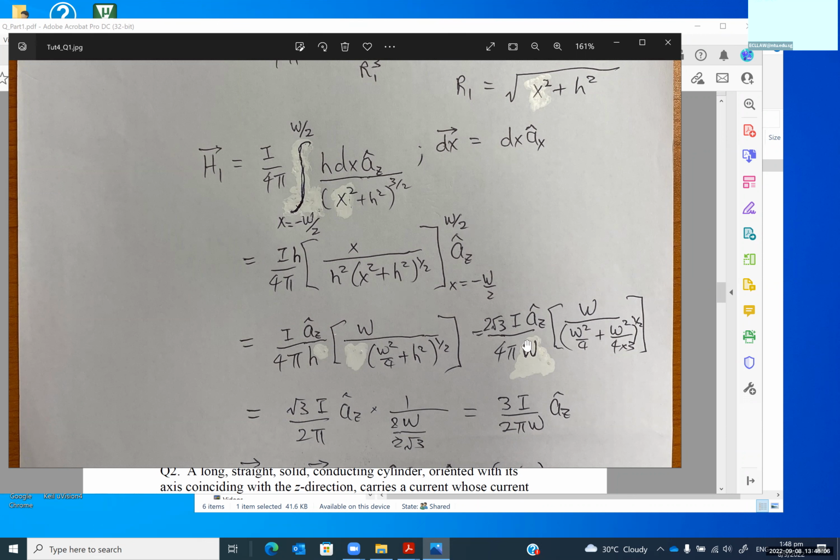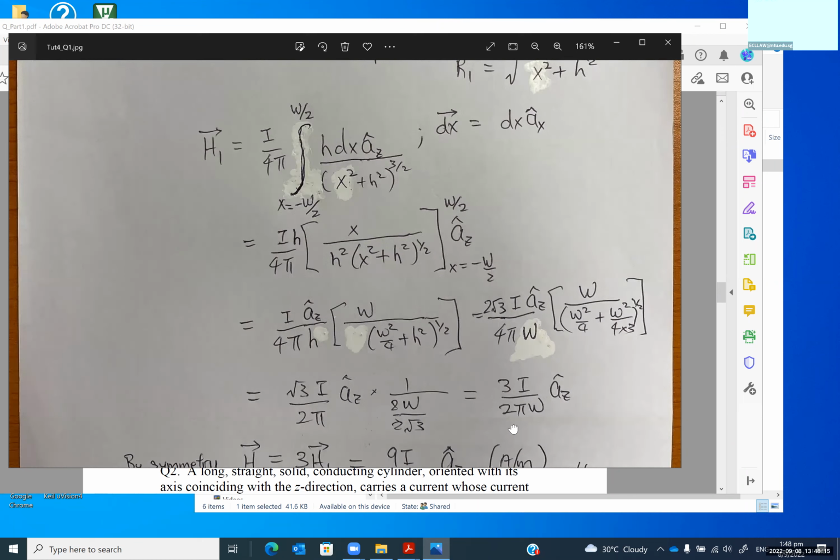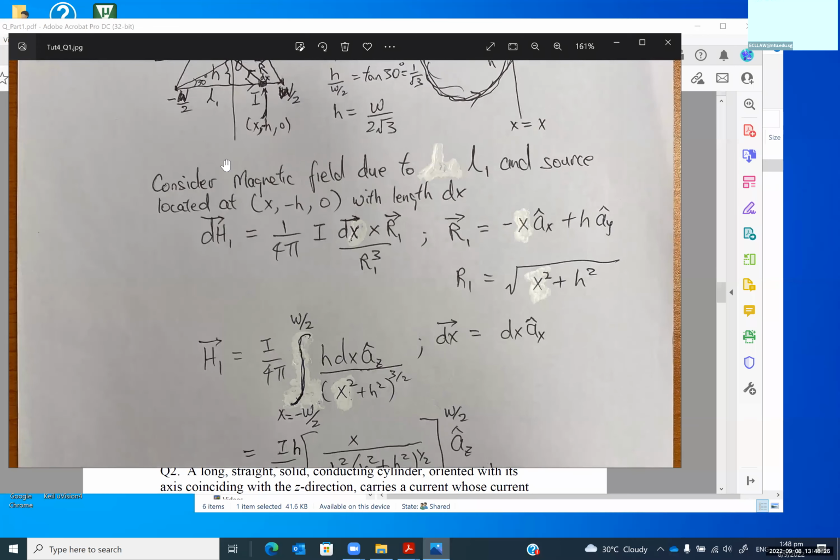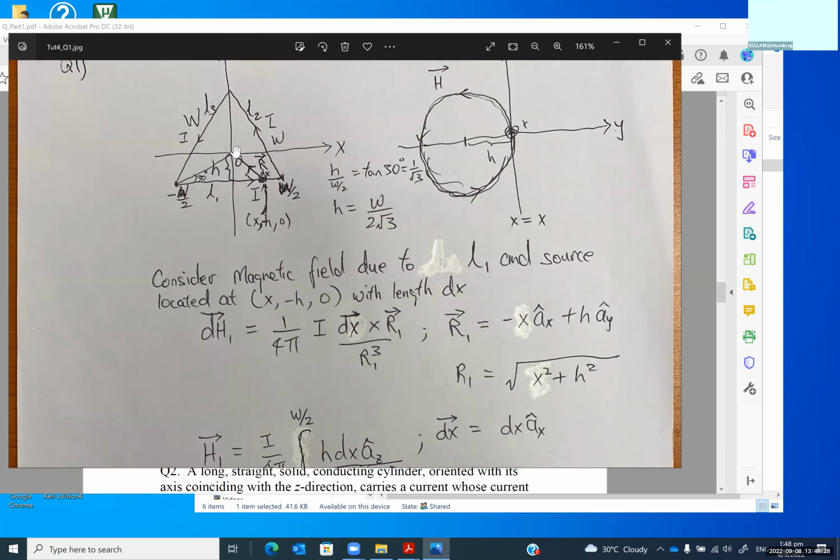If the rest is all algebra, you should find that the scalar coefficient is 3I over 2 pi W, after you substitute what h is in terms of W. What h is in terms of W can be obtained from this triangle here. This is 30 degrees, because the equilateral triangle is 60 degrees, so halfway is 30 degrees.